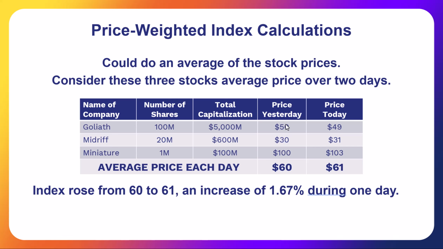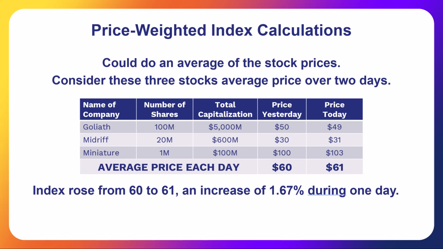Again, if you take the prices and divide by the number of stocks, not shares, in separate stocks, you get the average. So 50 plus 30 plus 100, divided by 3 is 60. And of course, 61 divided by 60 gives us this 1.67% change during the day.